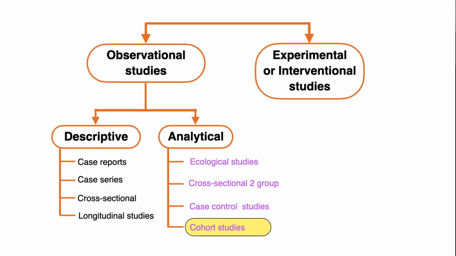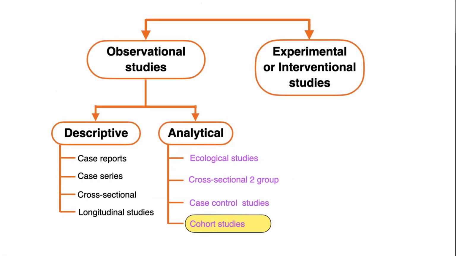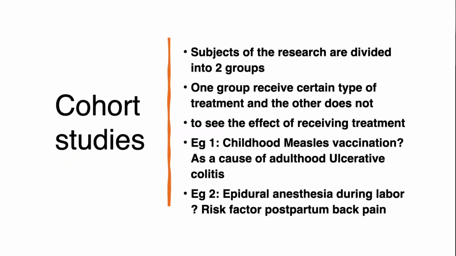So finally, cohort studies. If you want to measure the magnitude of the effect, you can do it with the cohort studies, which involves a large number of population. A group of subjects are divided into two groups. One group receives a certain type of treatment, the other does not, to see the effect of treatment. The best example I can give again is measles vaccination, whether it can lead to ulcerative colitis in adulthood.